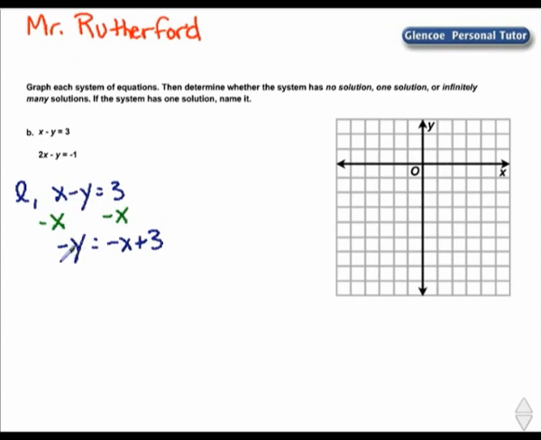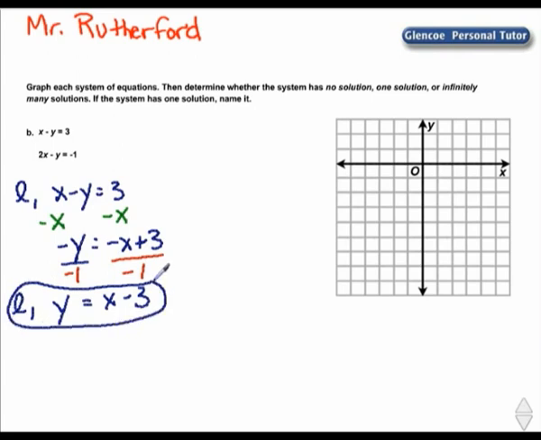So if I divide by negative 1 on both sides, I will get an equation of y equals x minus 3. So notice that our signs just flipped in each case. So here's my line 1, y equals x minus 3.